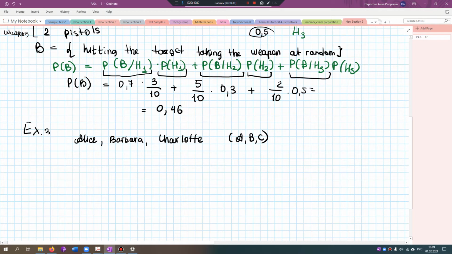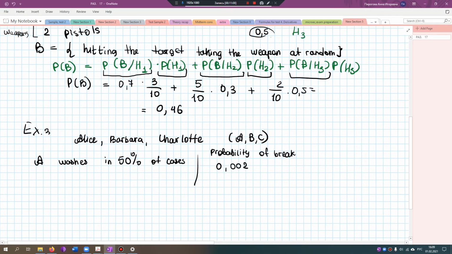And we know that Alice washes the dishes in 50% of the cases. And the probability that she breaks something in this case is equal to 0.005.